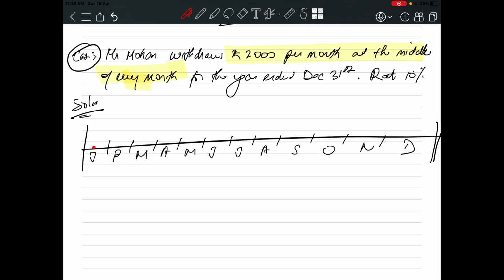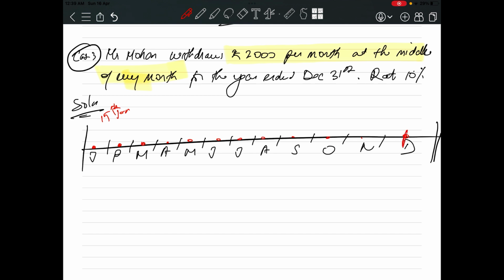I will take 30 days a month. So the first withdrawal will be in the middle of January, the second in the middle of Feb, middle of March, April, May, June, July, August, September, October, November, December and so on.